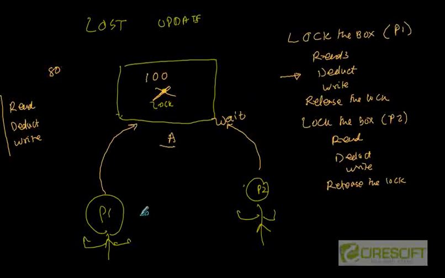First, P1 is going to go to the box. P1 reads and gets 100, deducts 100 minus 10 to become 90, and then writes that 90. So after P1 releases the lock, the value is no more 100. The value is actually 90 over here.